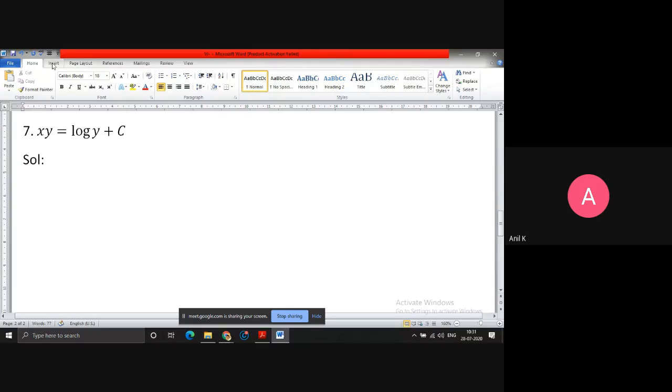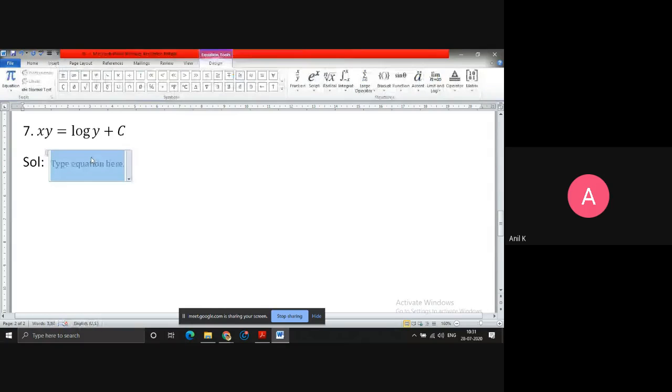Okay, now if I go for the differentiation of this one, first I have to use the UV formula in the LHS. u into dy by dx, that is u times the derivative of v, plus v into the derivative of u, that is, the derivative of x is 1, is equal to the derivative of y, log y. The derivative of log y is 1 upon y, 1 upon y into, again, dy upon dx.